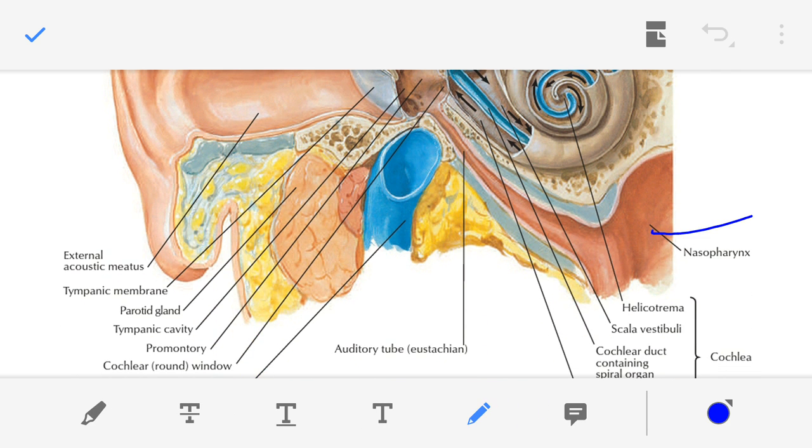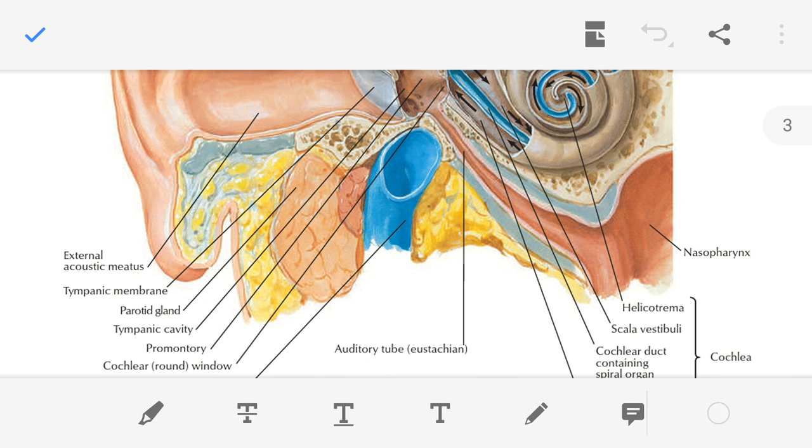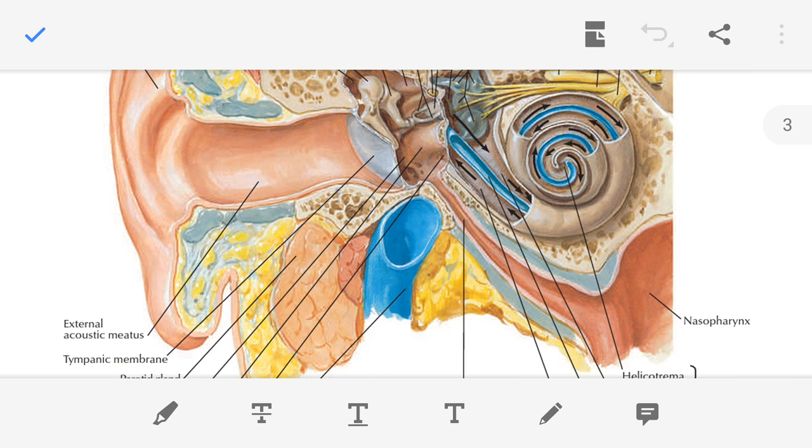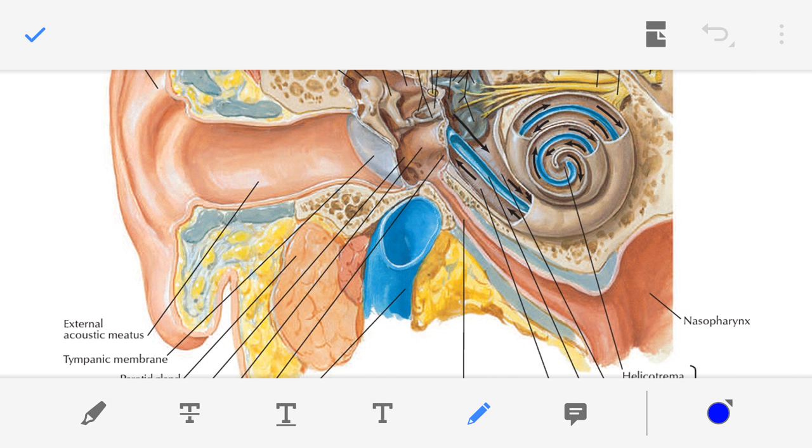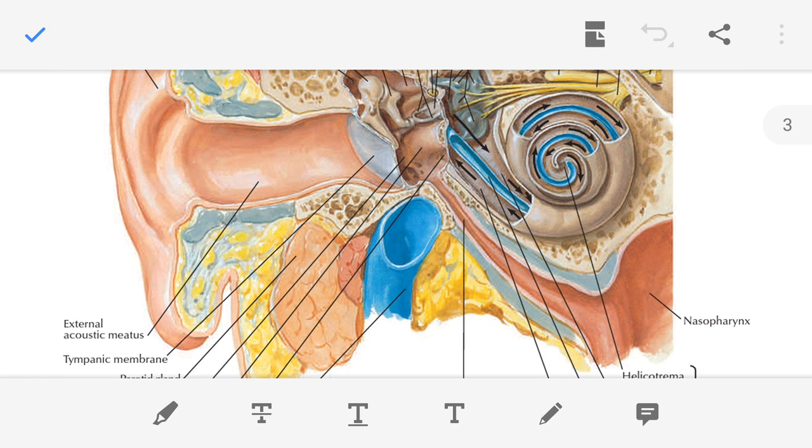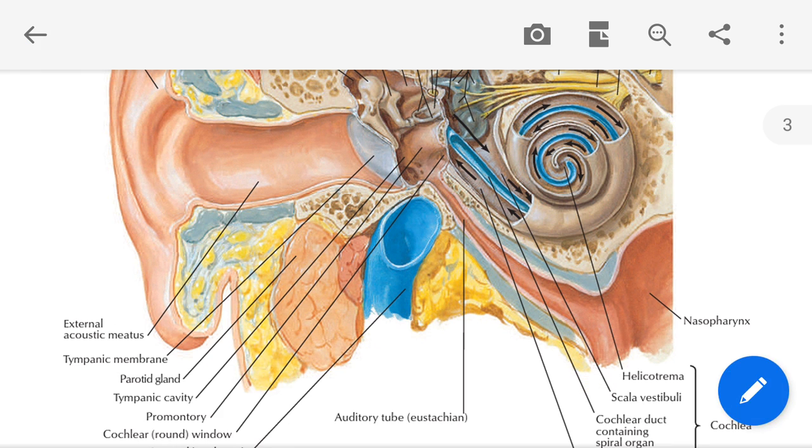Here you can see the nasopharynx. So the auditory tube extends from the middle ear, as you can see, up to the nasopharynx. I am showing you this entire figure.